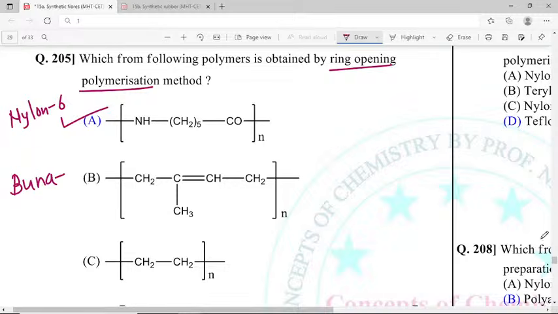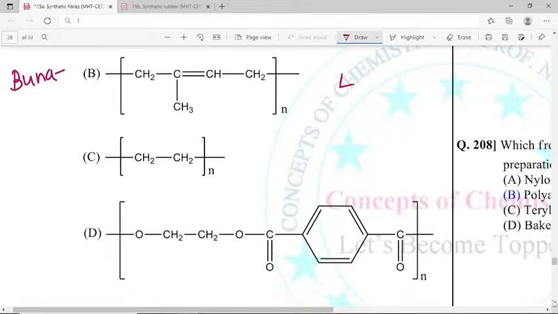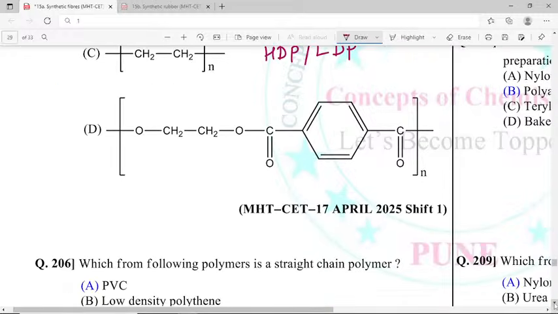Butadiene is a rubber, an elastomer. This is HDPE or LDPE, both. And this is terylene. Terylene also stands for Dacron.